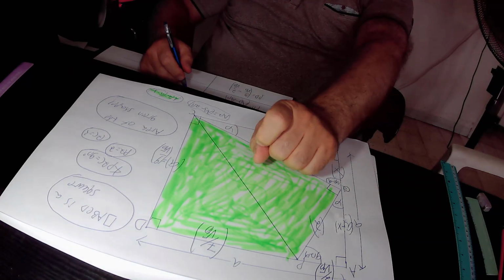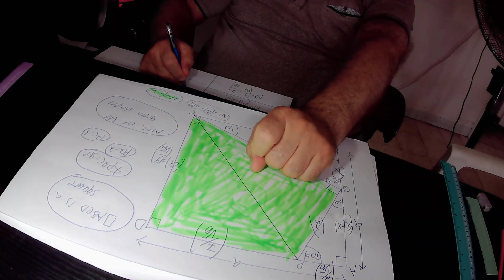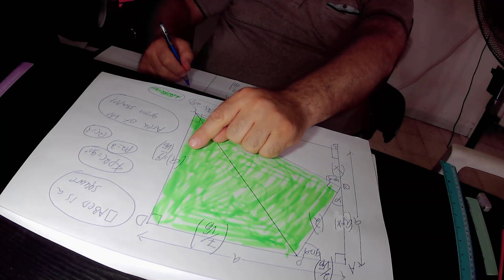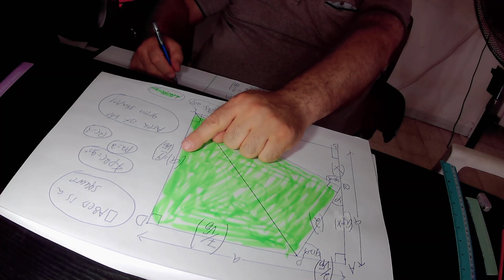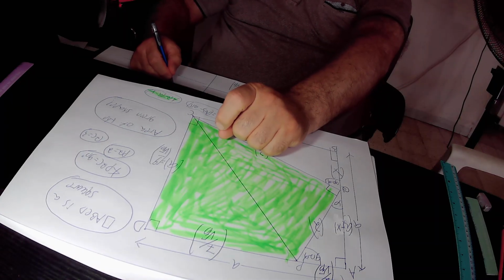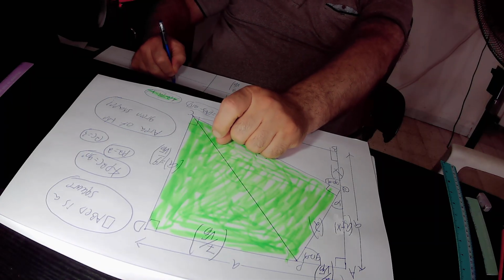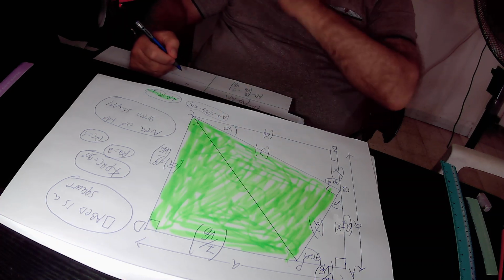PD equals 7 over square root of 10 times DC. DC equals 9 over square root of 10, divided by 2.